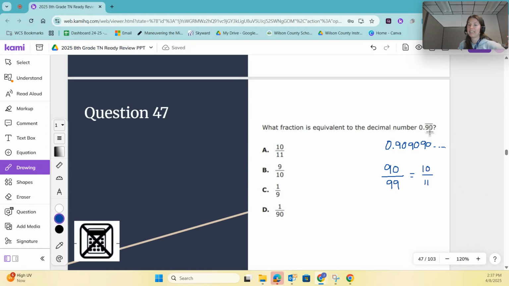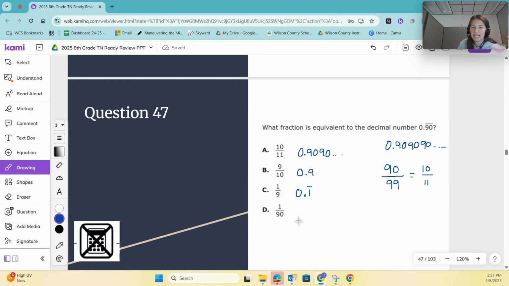Now, if you forget how to turn that in, and they give you all these fractions, you can just turn the fraction into a decimal, right? And you would be able to see, oh, 0.9090, etc. That's what I'm looking for. Okay, this one is 0.9 and it stops. This one is 0.1 repeating. Okay, 1, 1, 1, 1.